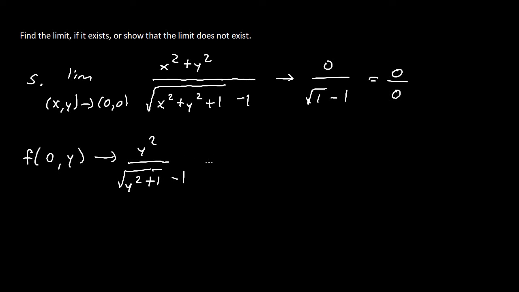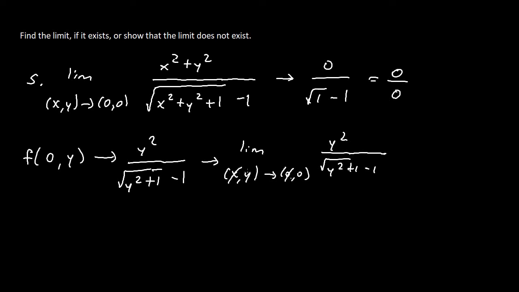So if we use the original limit, the limit as x and y approach 0 and 0 of y squared over the square root of y squared plus 1 minus 1, there is no x, so we don't have to worry about that. But we do have y approaching 0. If we plug in 0 for y, we'll get 0 over the square root of 1 minus 1, which is also 0. So that is also undefined.